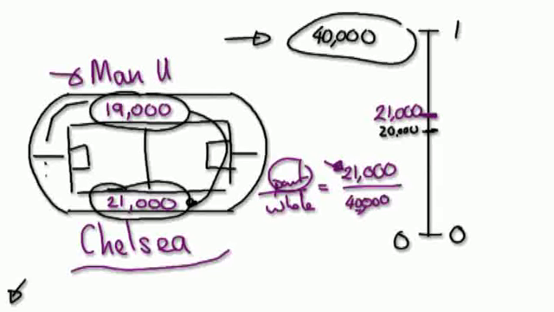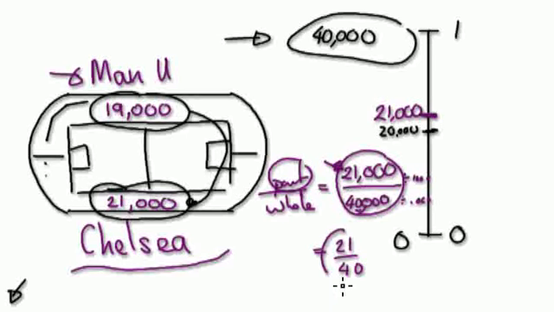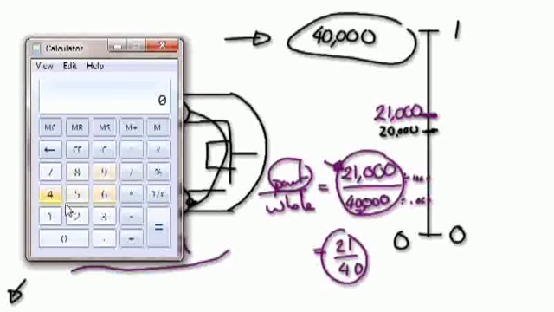So jump to a calculator. Wait there. We can actually divide top and bottom by 1,000. So this thing here is actually equal to 21 over 40. Or well, this is the same as this, just written differently. You could do 21,000 divided by 40,000, but I'm just going to do 21 divided by 40.